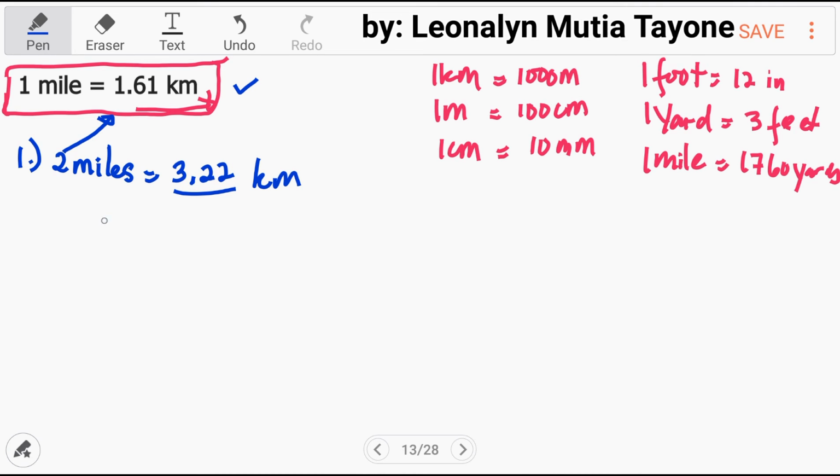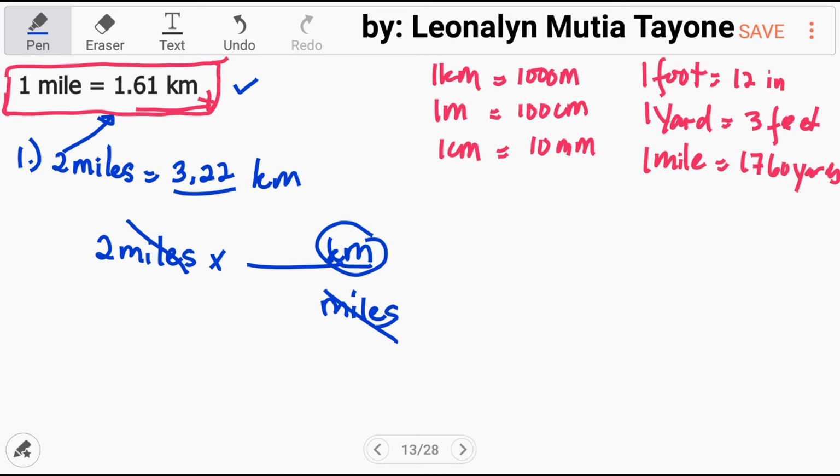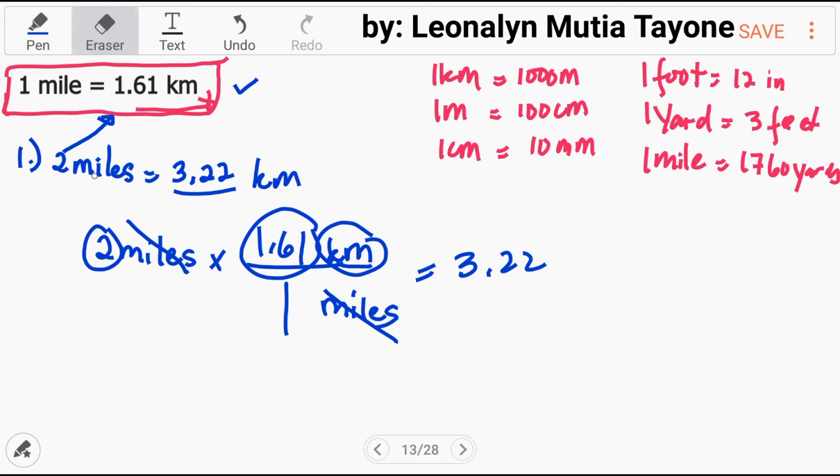Another way. 2 miles, i-convert natin to kilometers. So, dapat yung kilometers nasa numerator, ang denominator ay miles para ma-cancel out natin yan at kilometers na lang ang meron. Mile, so 1 mile. Kilometer, 1.61. Kaya, mag-multiply lang tayo and the answer here is 3.22.